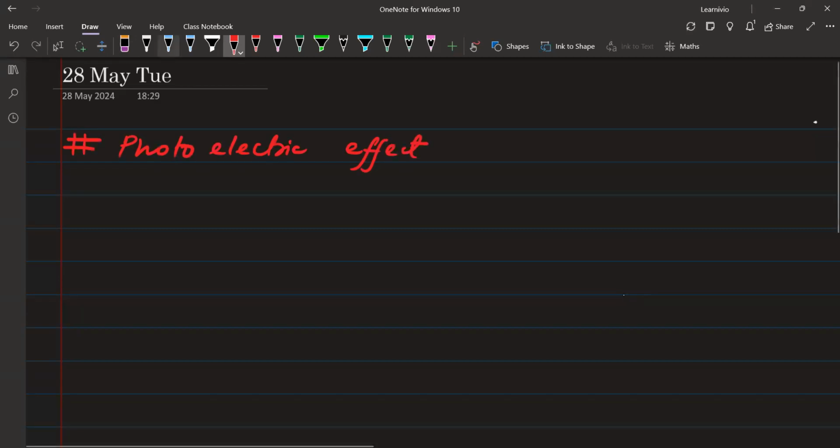Photoelectric effect. So what is photoelectric effect? Please write this with me. I will explain it once we have written this. What is photoelectric effect?